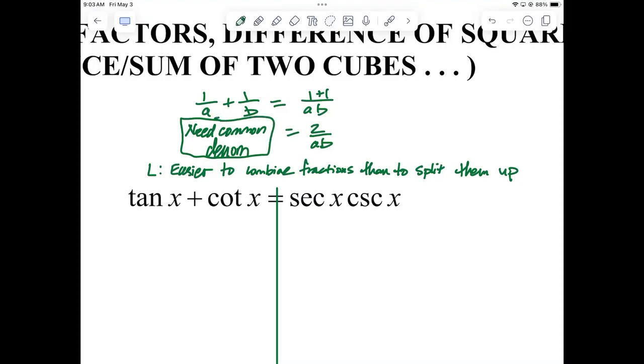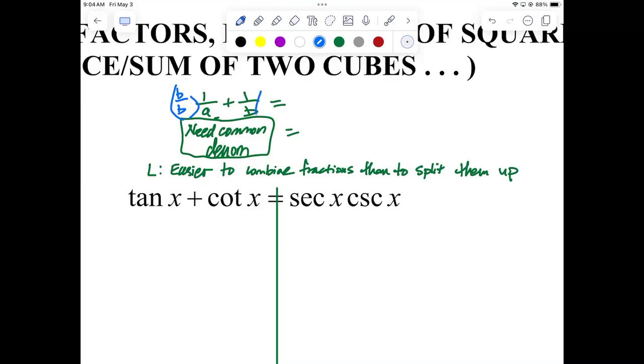Sorry, it's not equal to 2 over ab. What am I thinking? I get a common denominator by multiplying this one by b over b and multiplying this one by a over a, and I get b plus a over ab. That's what I meant. Sorry, I was going too fast.